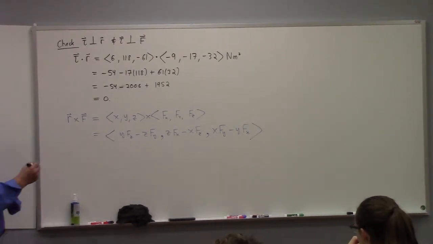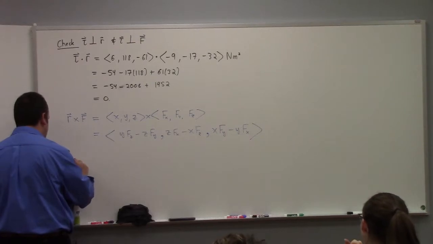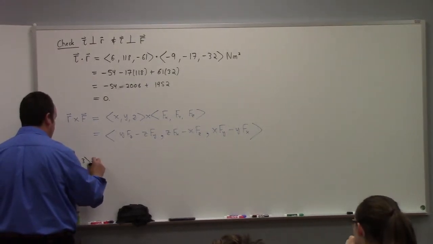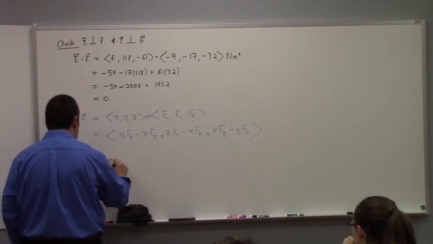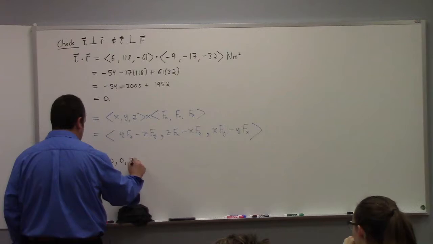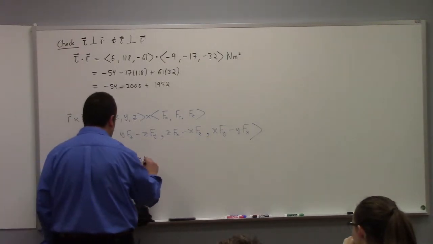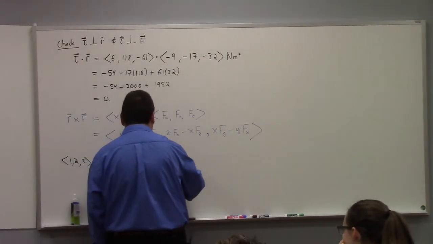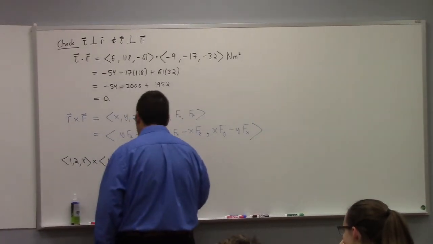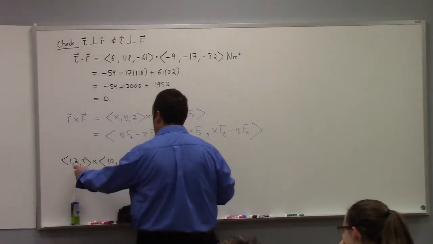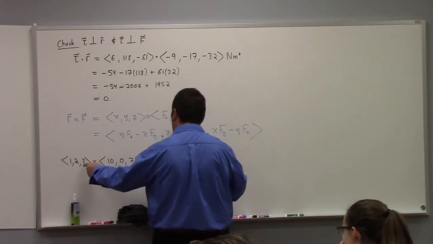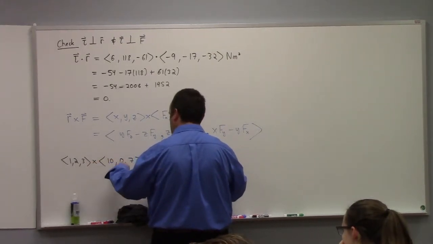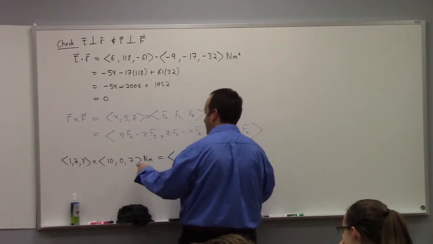For example, if I was calculating the cross product of, say, 1, 2, 3, cross the force 10, 0, 7, in Newton meters, that would be, let's see here, Y is 2, so I've got 2 times 7, and then Z is 3 here, so minus 3 times 0.